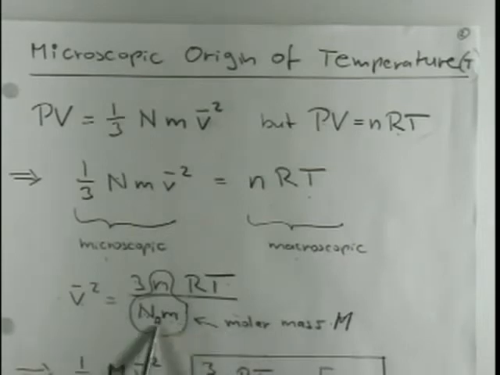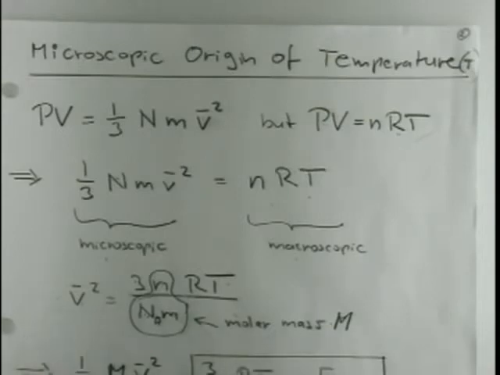So now I divide by N, the number of moles I have. With this, I get the molar mass, okay? So what this says is that V bar squared, the average squared velocity, is 3 times R times T divided by M.